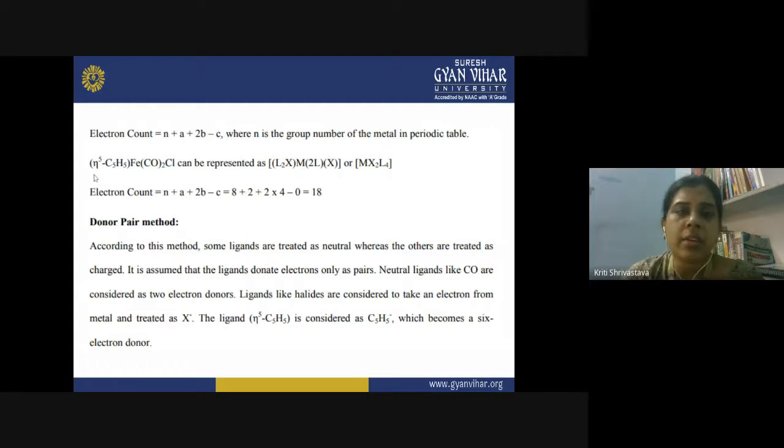So you can represent this complex as L2X M L2 X. L2X is for the cyclopentadienide. Then iron is M, that is your metal atom.